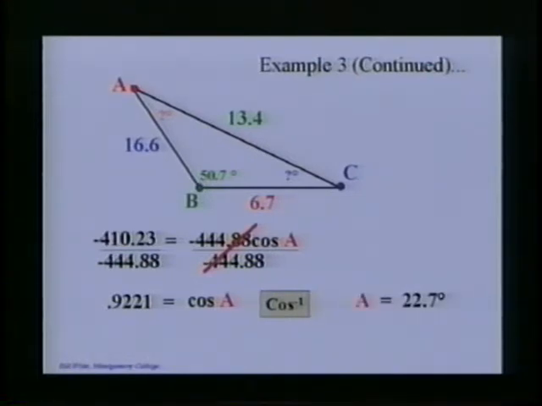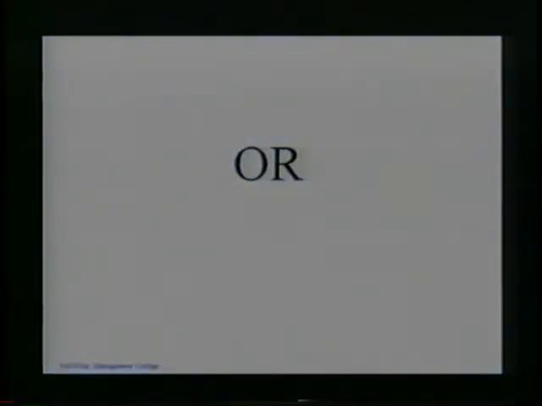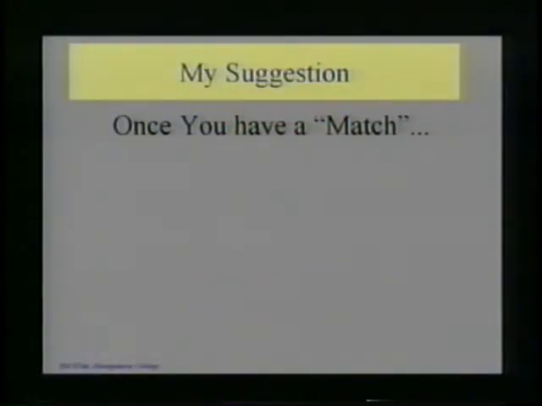Now I want you to consider something. What we did took a long time. Another way of doing that is that once I have a pair, I can use the law of sines. I want you to make it easy on yourself. Once you have a match, what I mean by a match is A and A, B and B. I mean angle A and the side opposite, little a, angle B and the side opposite, little b.